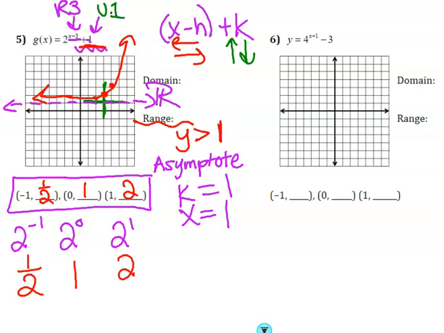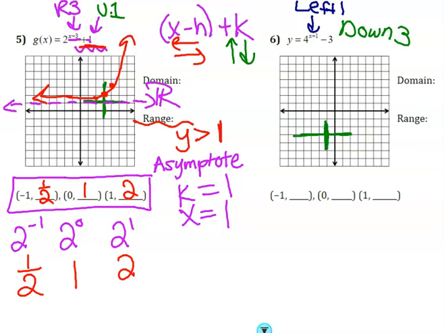All right. Now, one more. So what does this plus 1 mean? Well, this minus 3 meant right, so plus must mean left 1. And what does minus 3 mean? Well, this means up, so this must mean down. So I'm going to go left 1 and down 3, 1, 2, 3, and make my new transformation origin.